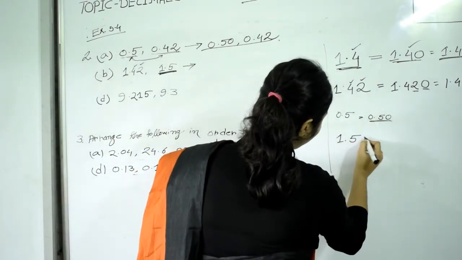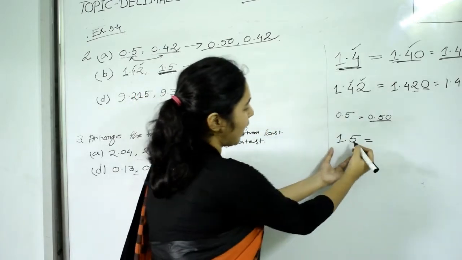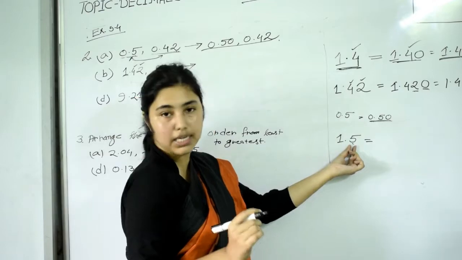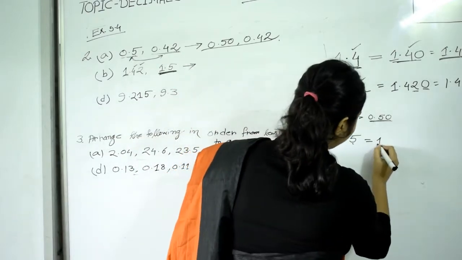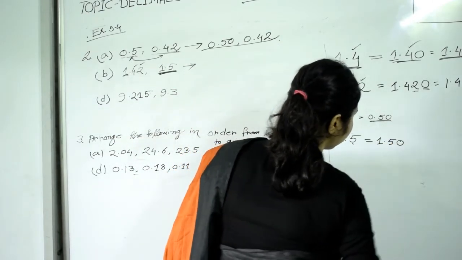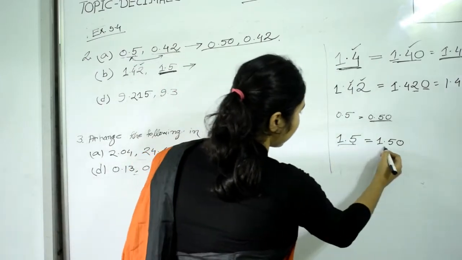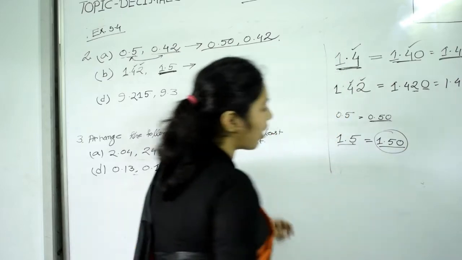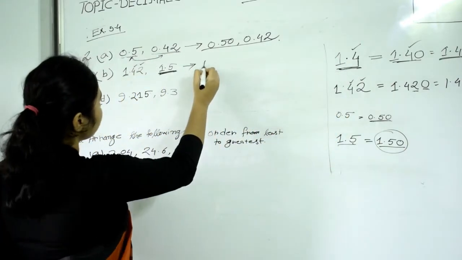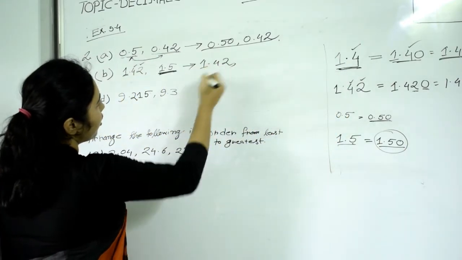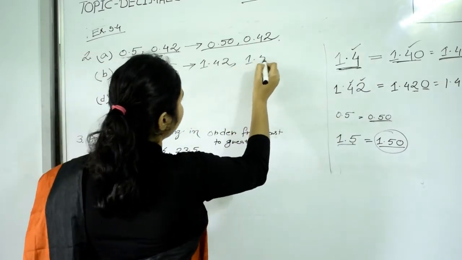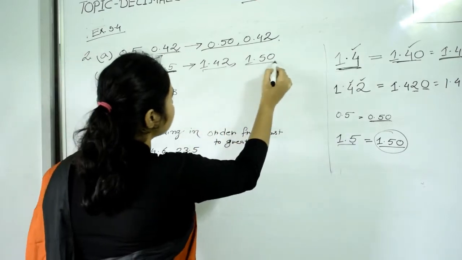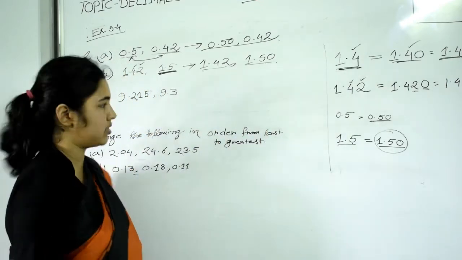So 1.5 is equivalent to 1.50, since the last digit after the decimal point is 5, which is the 10th place. These two numbers are equivalent. Okay? So take 1.50 in place of 1.5, then 1.42 and 1.50 are like decimals.